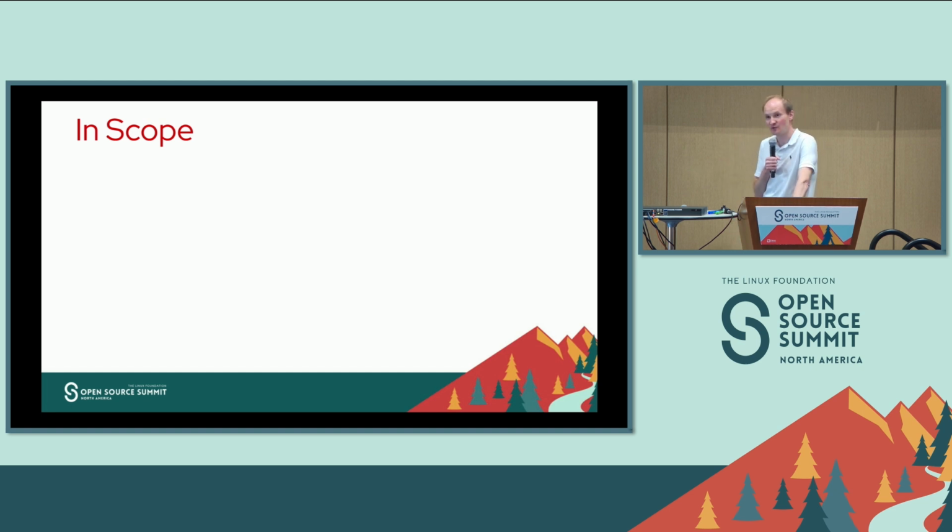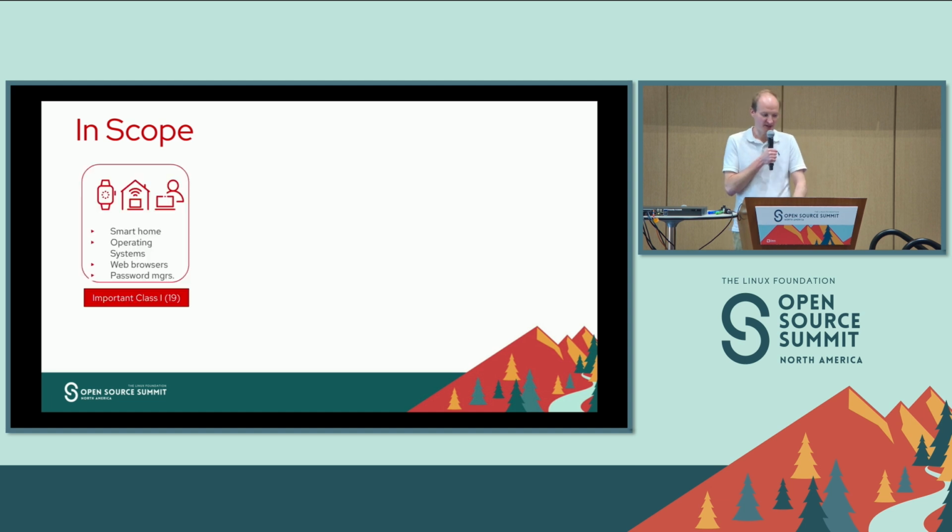The first important question would be, what's in scope? And there are a couple of examples. In scope of the EU Cyber Resilience Act are things like smart home, operating systems, web browsers, password managers, along with other 19 classes of products that collectively comprise the so-called important class 1 of products.